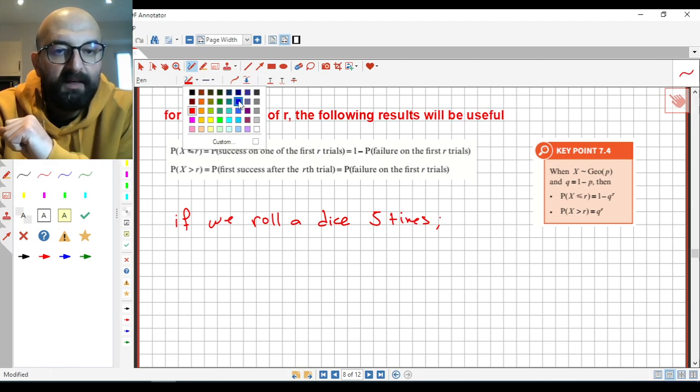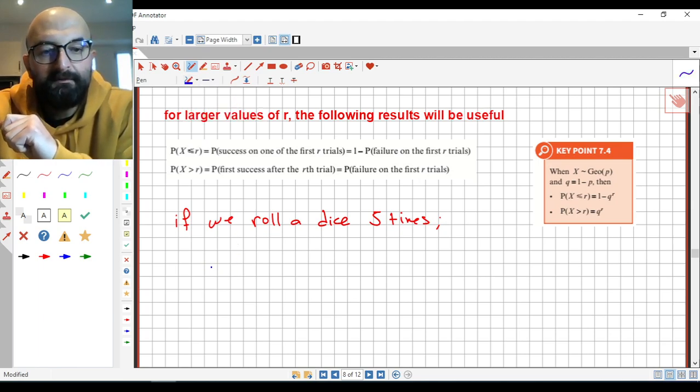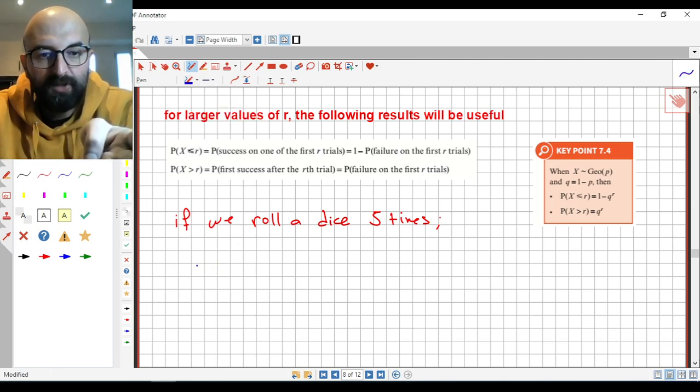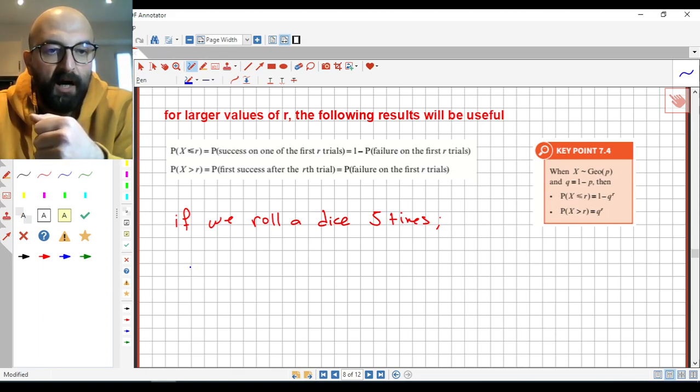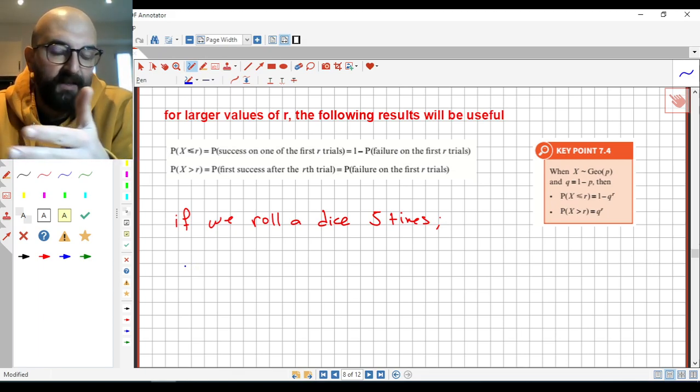For example, we want to get 6. Let our success be 6, for example.